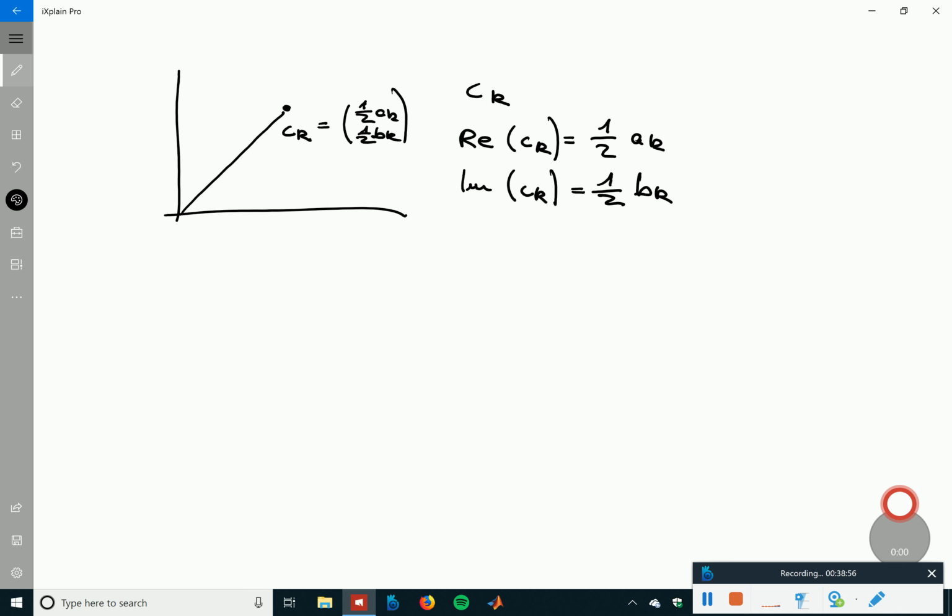So that's our point here. So if we now want to compute the length of this c_k vector, we need to square them and take the square root.